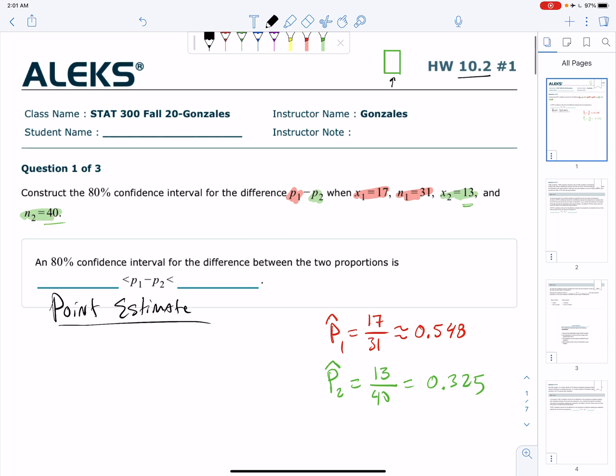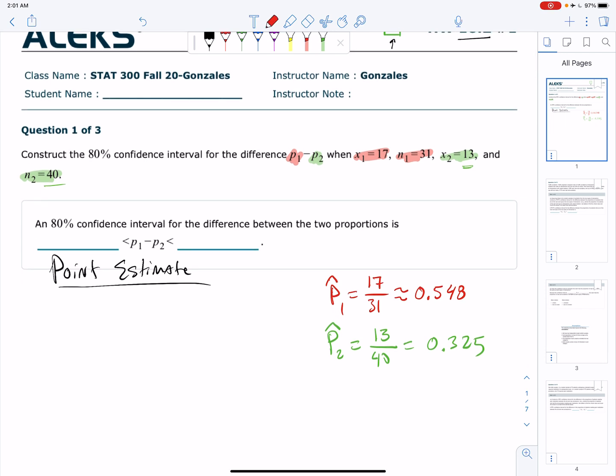And our point estimate, of course, is just going to be the sample proportion from the first sample minus the sample proportion from the second sample. So let's write that down. What was that sample proportion from the first?